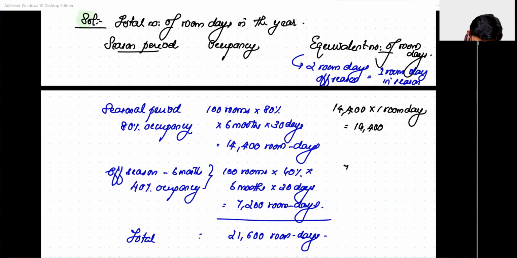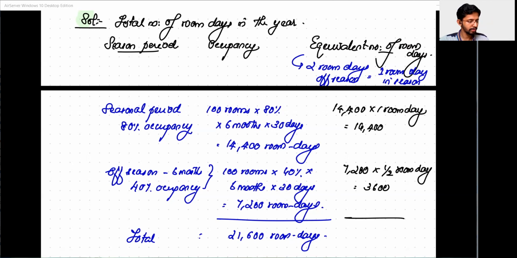Whereas here it is 7,200 into 1 by 2 room days, that is equal to 3,600. So total 14,400 plus 3,600 will give you 18,000 room days. So that is the number of room days.